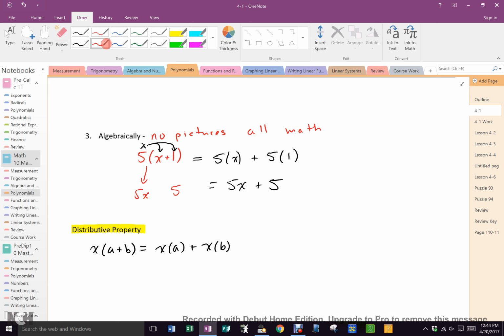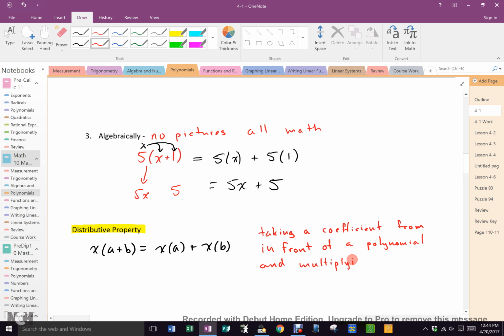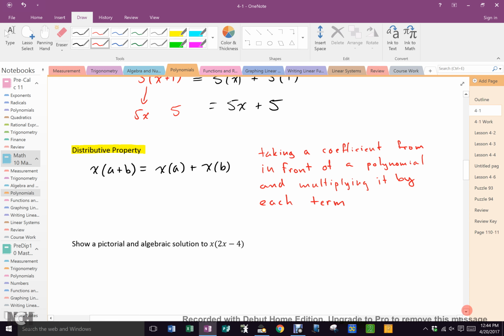What you are actually doing is taking a coefficient from in front of a polynomial and multiplying it by each term. Okay? Everybody cool?